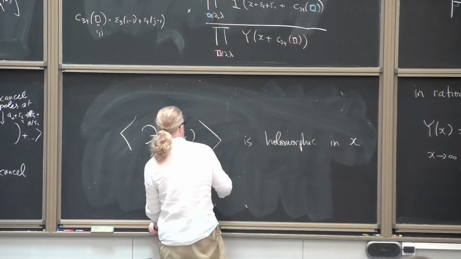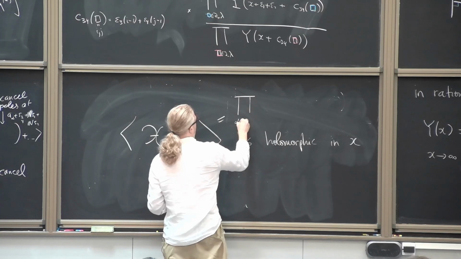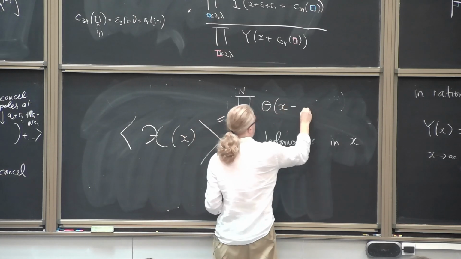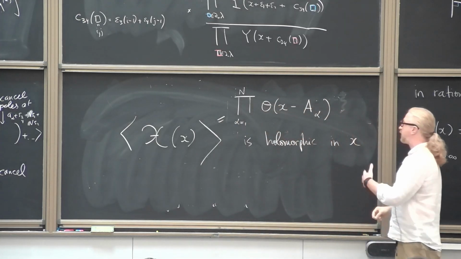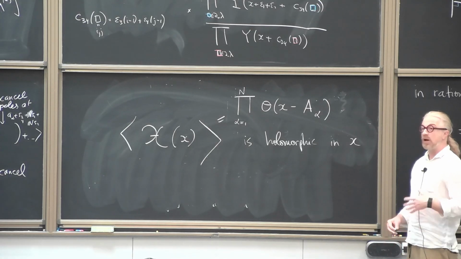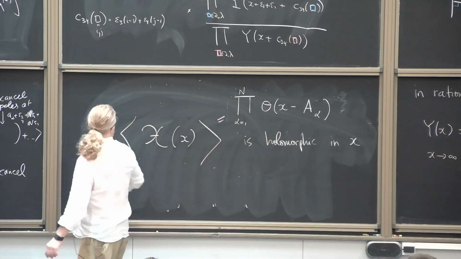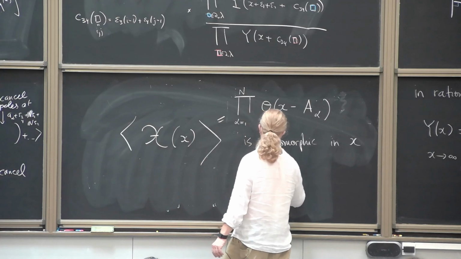So in fact, it means that you can write it as a product over alpha from 1 to n of theta function x minus capital A alpha, where capital A alpha are some line bundles on the elliptic curve which encompass all the information, well, not all information, but they encompass the information about the Q. So capital A alpha depend on Q.